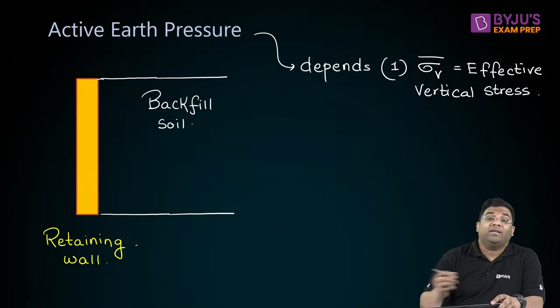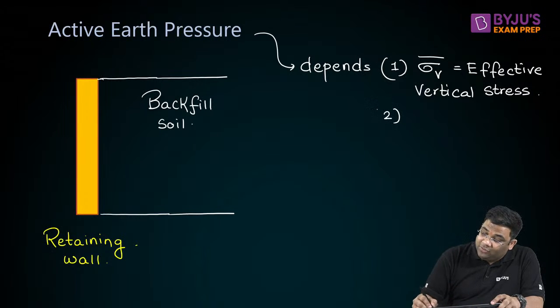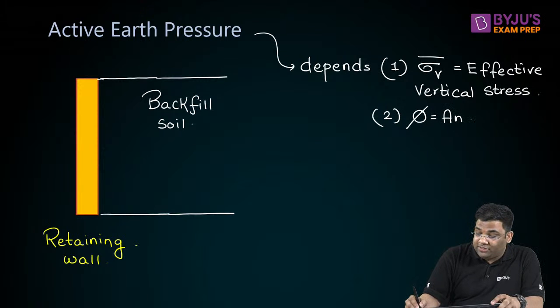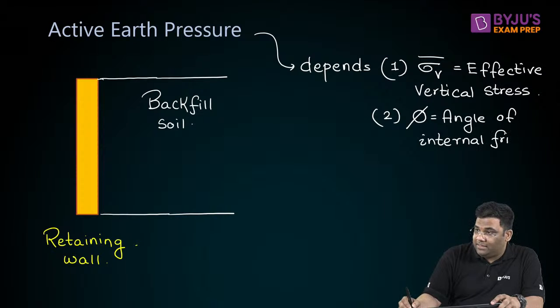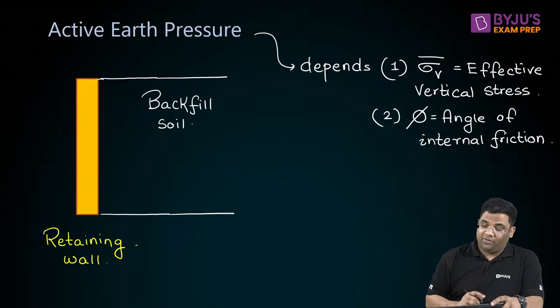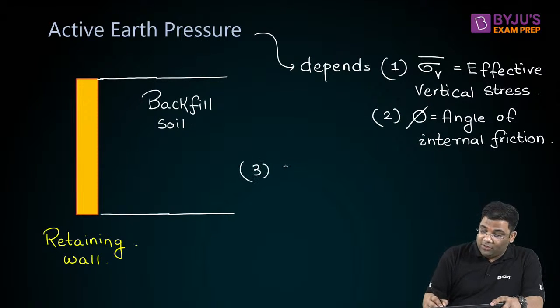Second, it depends on phi, the angle of internal friction. Welcome Rahul. Welcome Sri Sai Pranav. And the last thing it depends on is the cohesion.